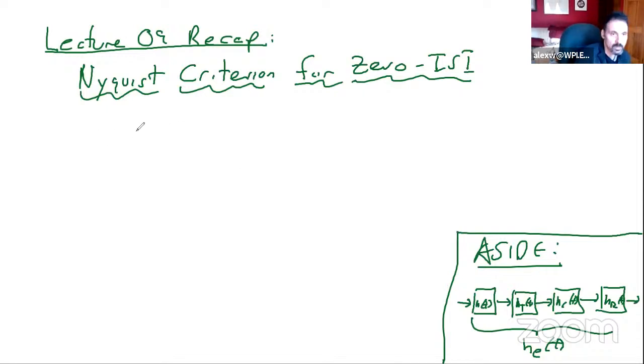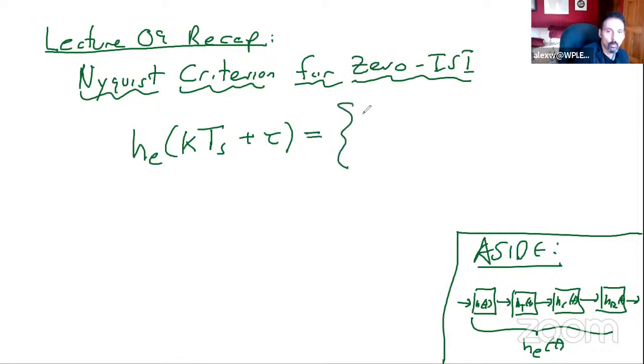And this is what the criterion says. Just to recap, he of kTs plus tau, where k is an integer, Ts is your sampling period, and tau is the timing difference between the transmitter and receiver, like if the clocks are off. This is equal to 1 at k equals 0.